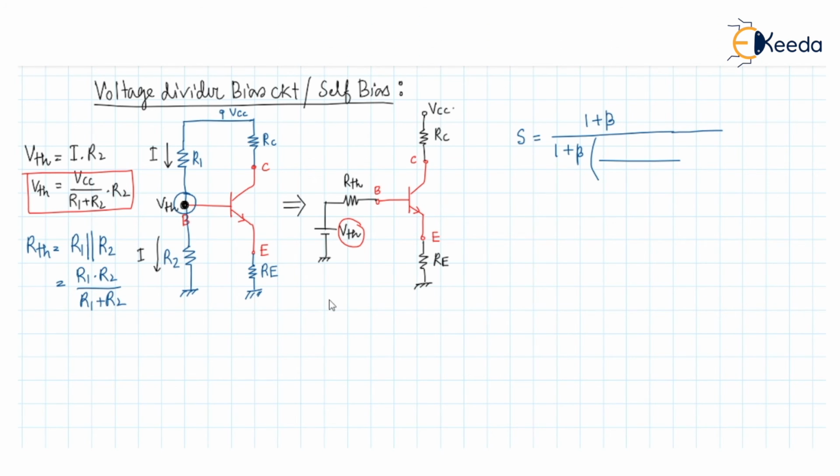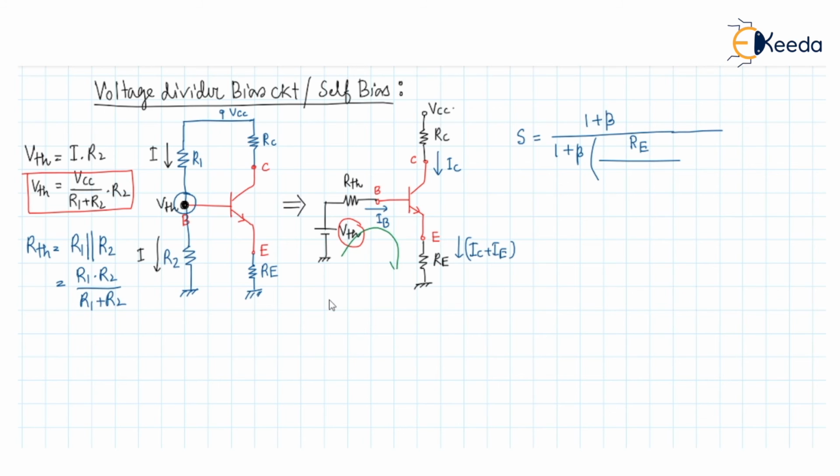Here the current is IB, here the current is IC, and here the current is IC plus IE, and the input circuit here is this one.